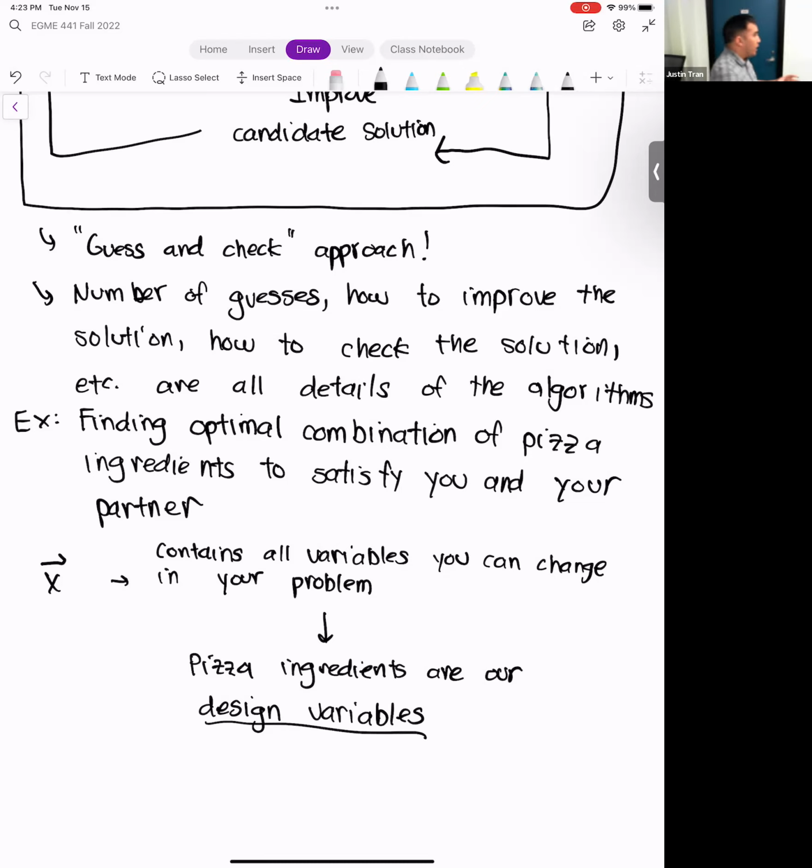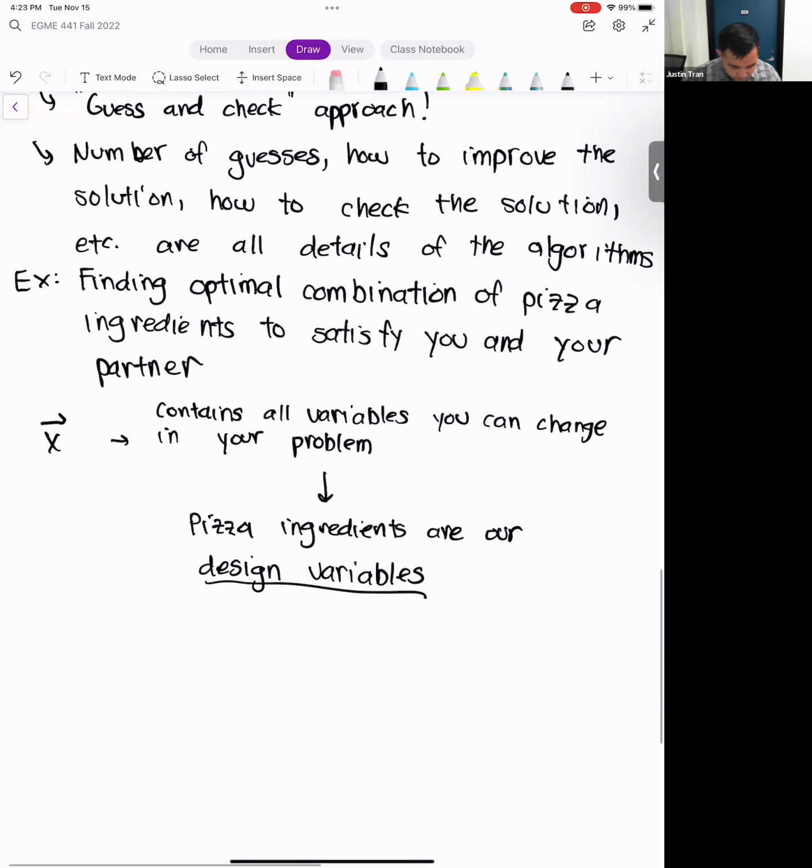I use the term design variables here, but design variables is the same thing as candidate solutions. In other words, the X vector represents the things that we can change about our system to change our results.